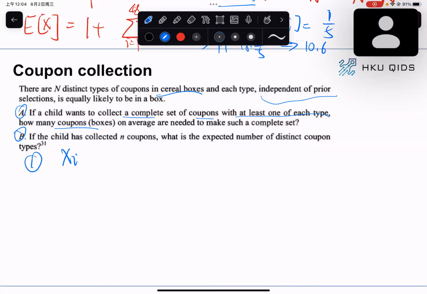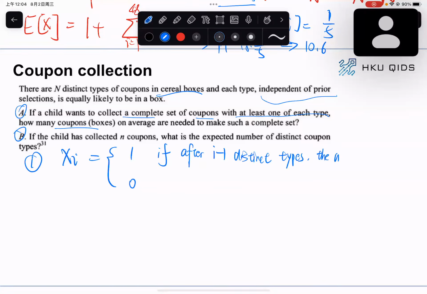So let's first find the pathway, okay? Xi is equal to 1 if, after i minus 1 distinct types, the next draw is not a new one.